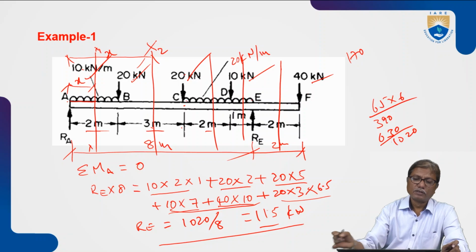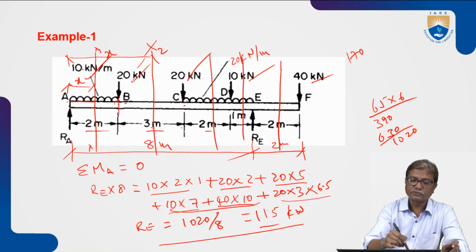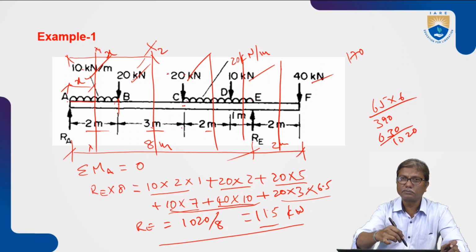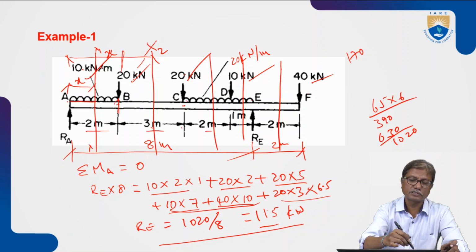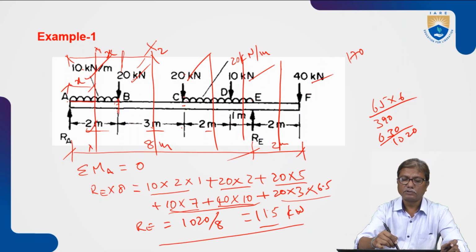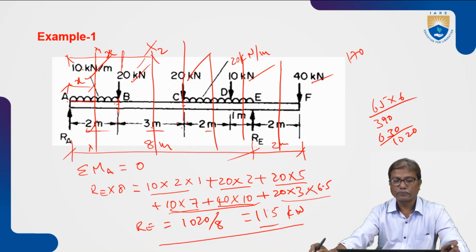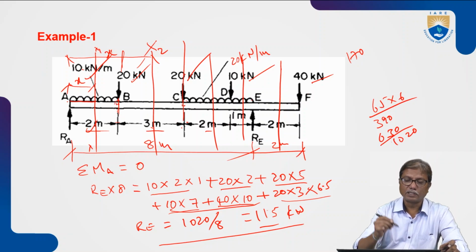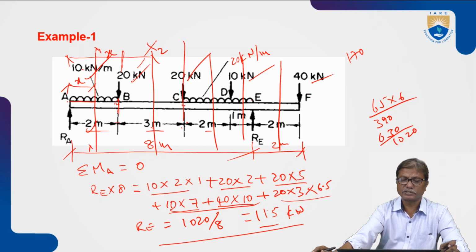So x will be starting from 2, because the section has to move from B to C. When the section is at B, what is x? It is 2. And when the section is at C, what is x? 5. So 2 to 5 are the limits for x between B and C.